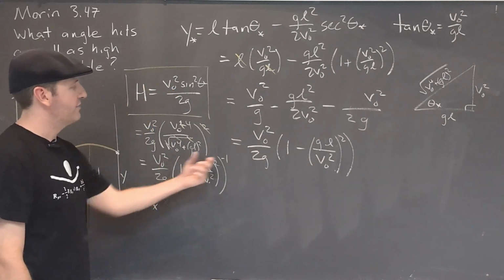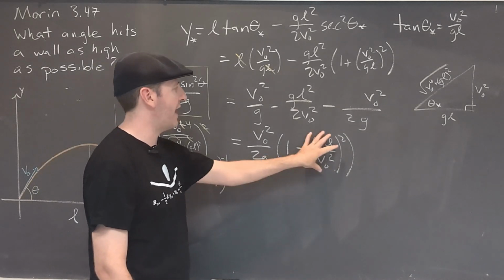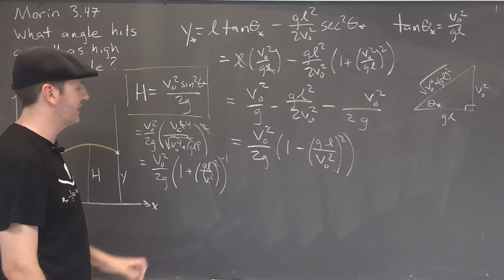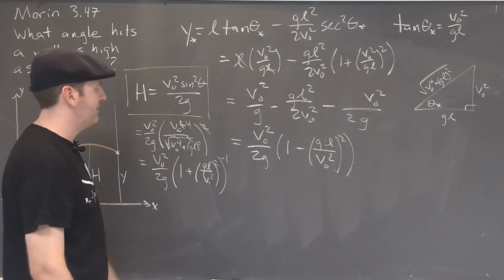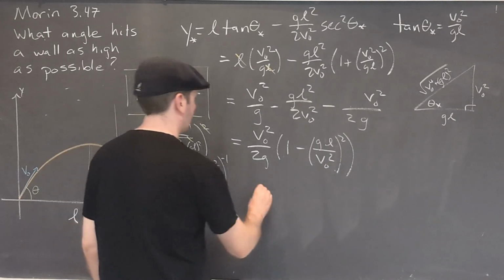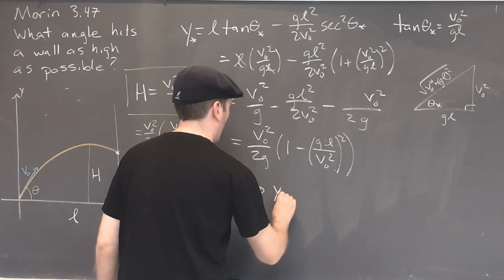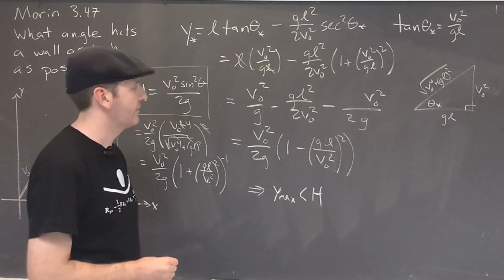And now we can directly compare these and say, oh yeah, because I'm subtracting a thing in here, 1 minus something, whereas here I'm adding something, even if it's in the denominator, we do end up saying that y max is less than H.